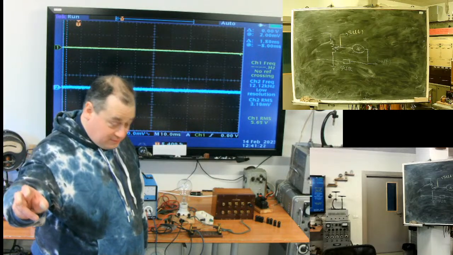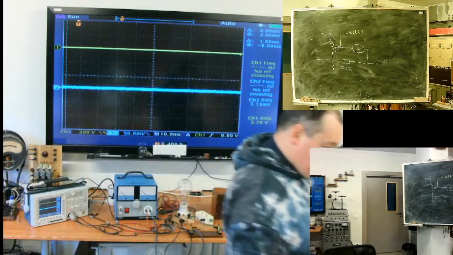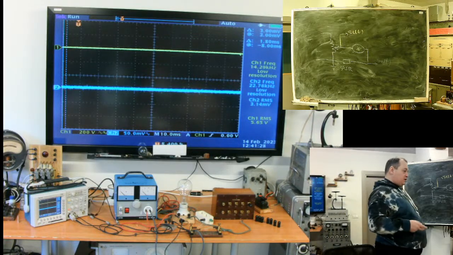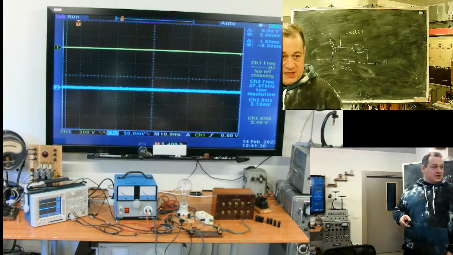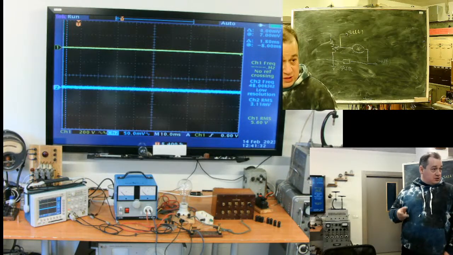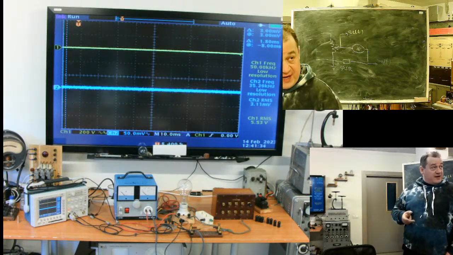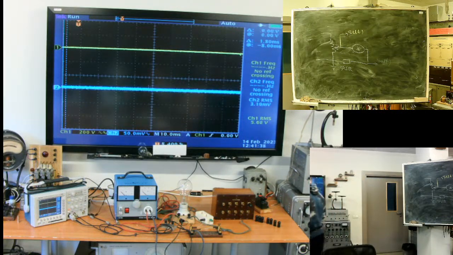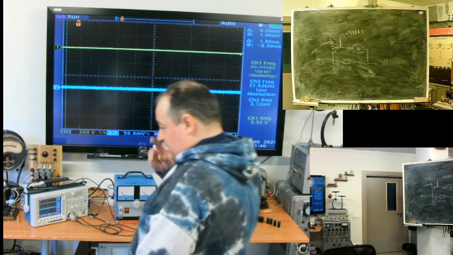Yeah? Second, harmonic signals pass undistorted, but non-harmonic signals are subject to distortion in frequency dependent networks. Yeah? It's the second conclusion.